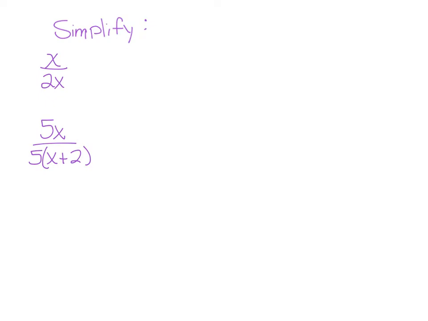In the very first one, just the x's cancel, and we're left with 1 over 2. In the second one, we can cancel out the 5's that are factored out for us, leaving us with x over x plus 2. We can't cancel those x's out. We cannot just take them away.